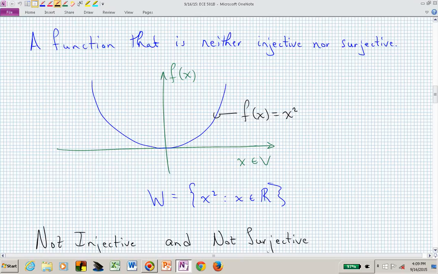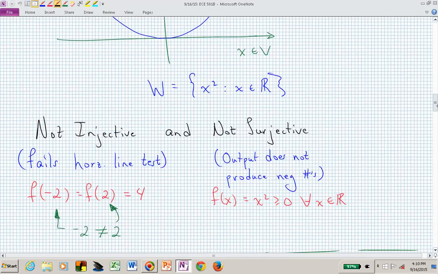That's not injective. And surjective means f of x is supposed to cover all values, if we're saying that that's the real numbers. And we're not covering the negative half of the real line in this map. That's what I try to say here. It's not injective and it's not surjective.